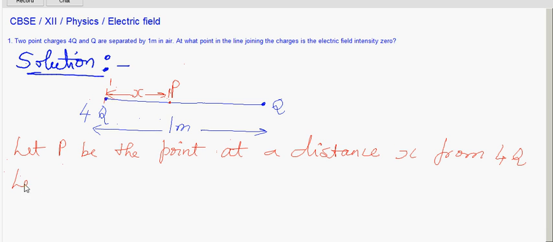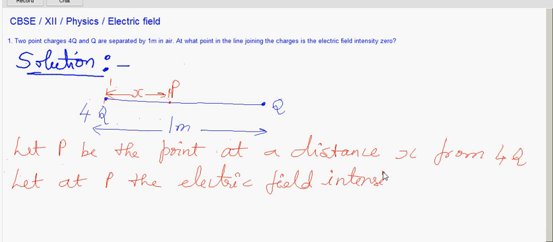Let at P the electric field intensity be 0. So we have assumed a point P at which the electric field intensity is 0.